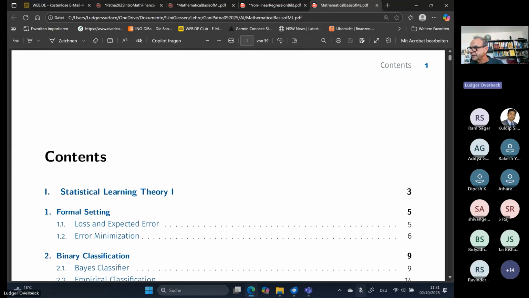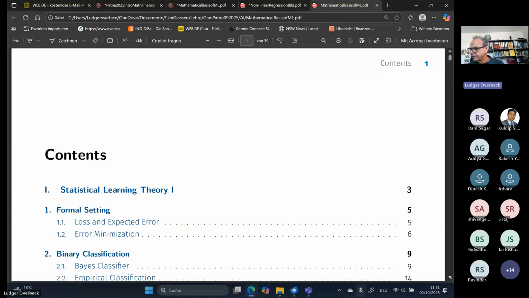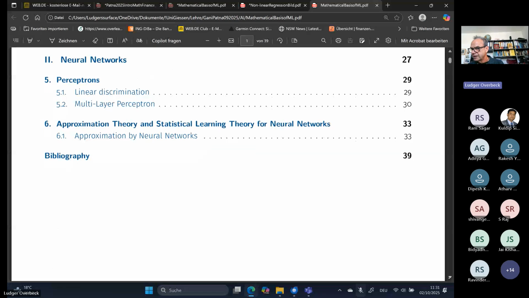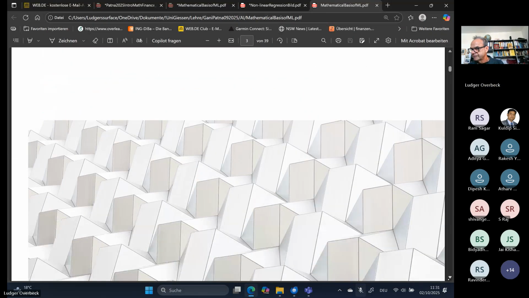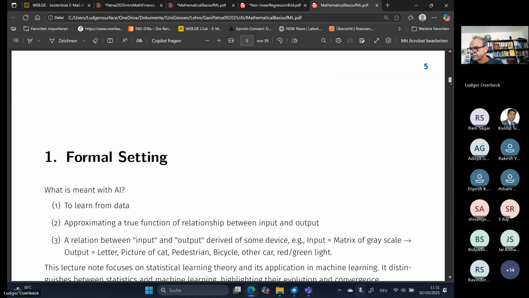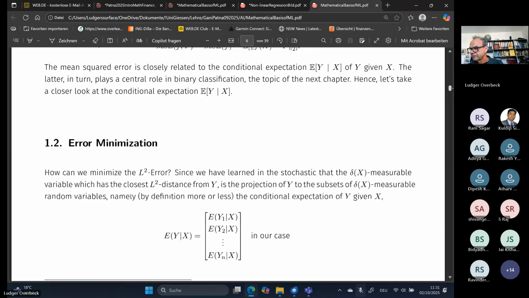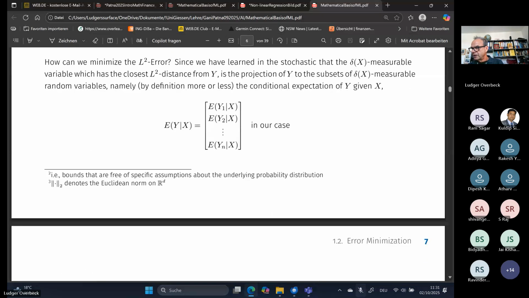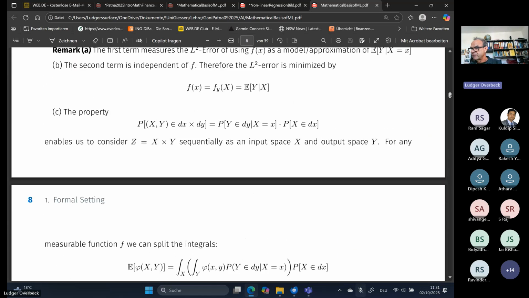Okay, so we are back at this one, and we define just the error minimization that we want to have. This first part assumes that we get our optimal.